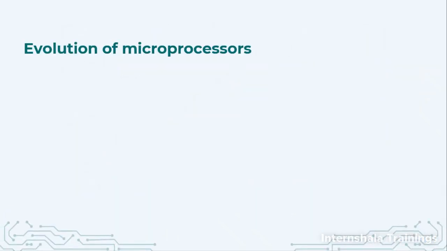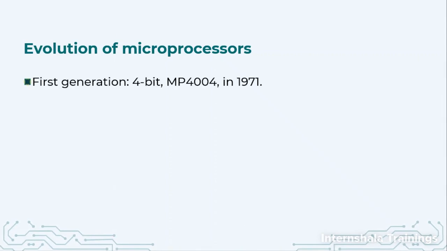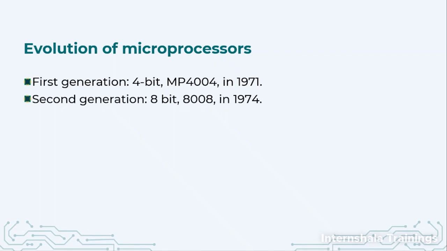One of the most important chips that we design is the microprocessor. We started in 1971 with a 4-bit microprocessor called 4004, and 3 years later came the 8-bit microprocessor 8008. These were very basic microprocessors.